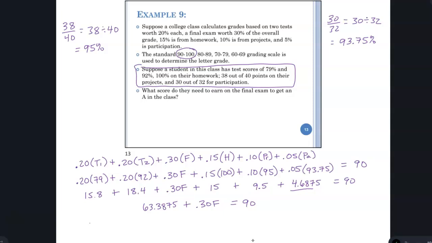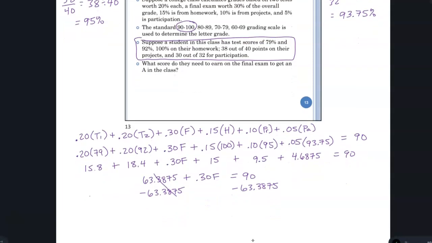So I'm trying to get F by itself. My first step, if I want to solve this for F, would be to subtract this constant from both sides. If I subtract 63.3875 from both sides, I'm going to get 0.30F on the left side.